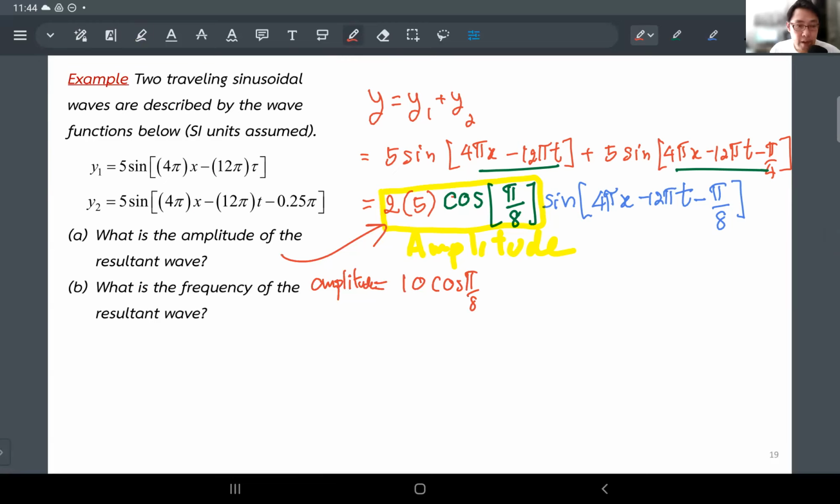All right, part B. Let me call this part A. B, what is the frequency of the resultant wave, guys? Frequency. What is the frequency of the resultant wave? Yes, very good. You just read it out.